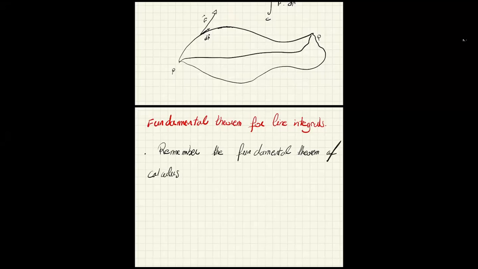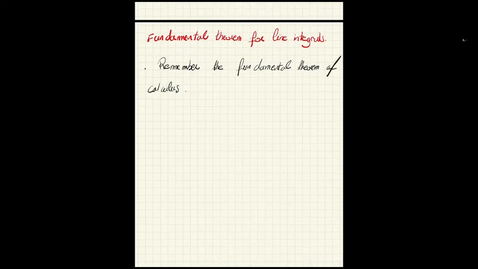It tells you that if you want to compute the integral from a to b of f prime of x dx, it depends only on f at the endpoints. There isn't that much you can say about it because there is only one line from A to B in the one dimensional case.